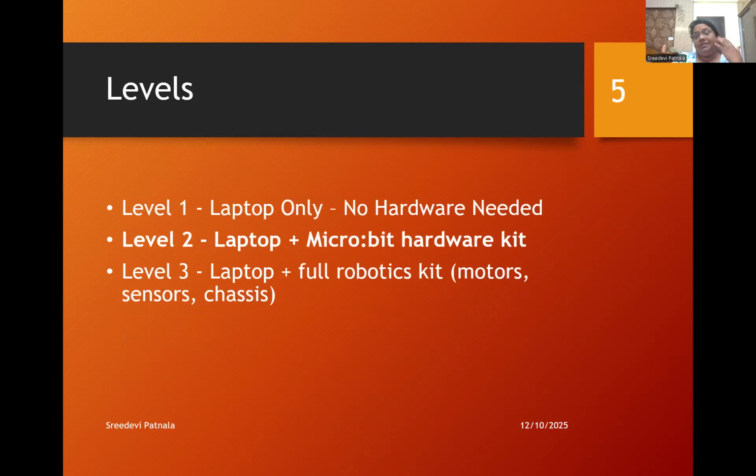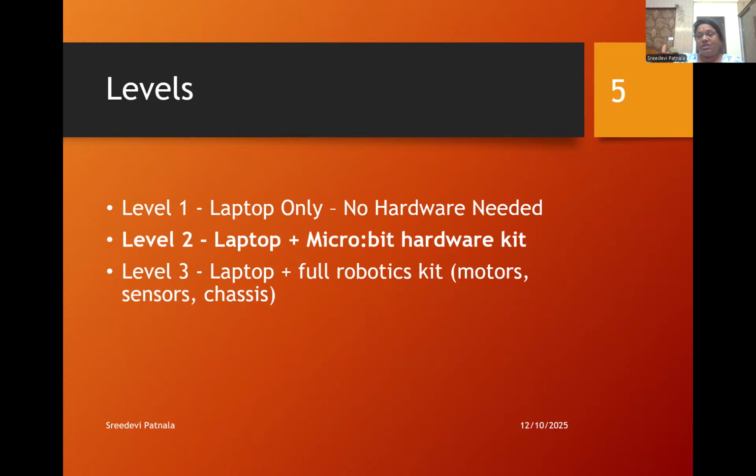Basically I divided this Python micro:bit course into three levels: level 1, level 2, level 3. Level 1 needs only an internet connection and a laptop; no hardware is required. With the existing hardware you have in the editor, such as the LED, those can be learned initially.